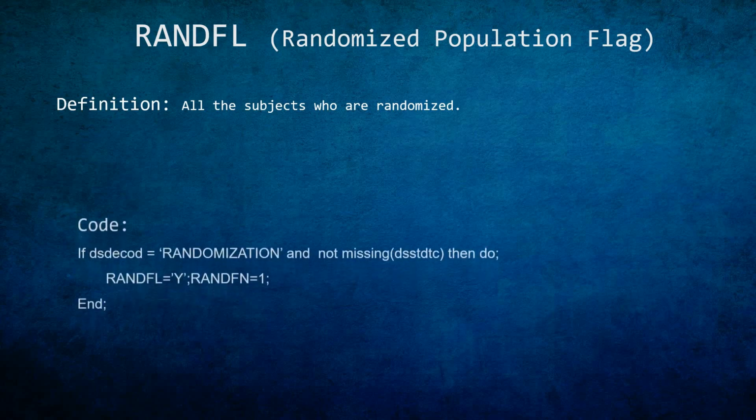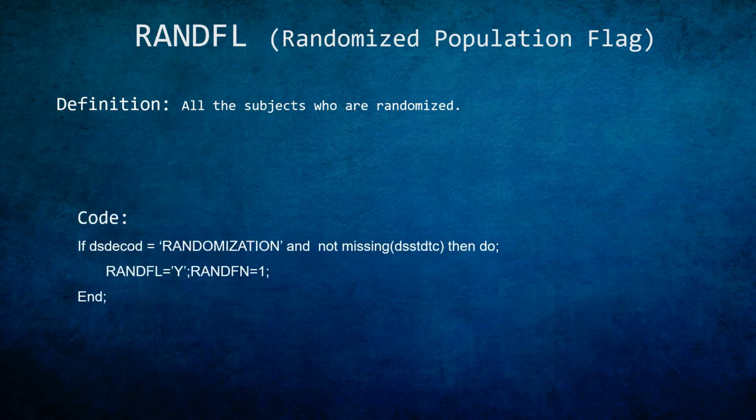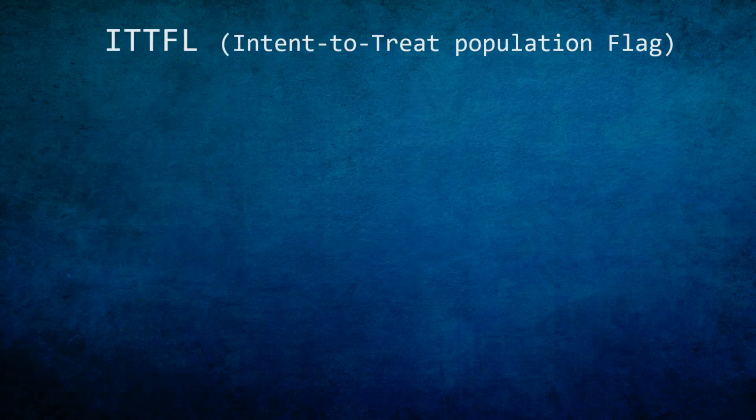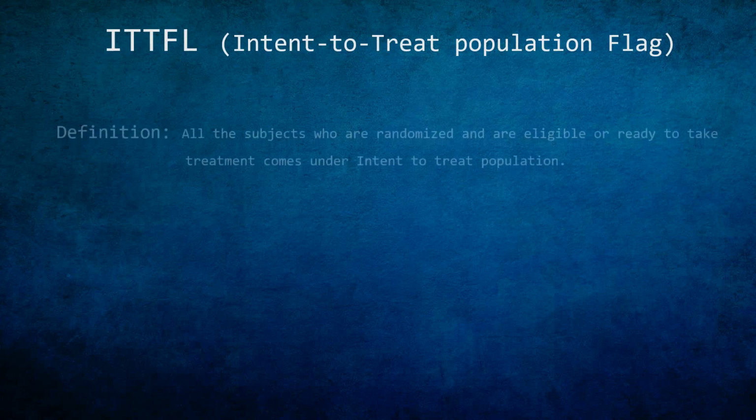Here the code is: if DSDECOD equal to randomization and DS start date is not missing, then RANDFL equal to Y and the numeric value for that flag equal to 1. And the subjects who are not satisfying this condition, RANDFL equal to N, and we can create the respective numeric value. The third flag is ITTFL, or intent to treat population flag.